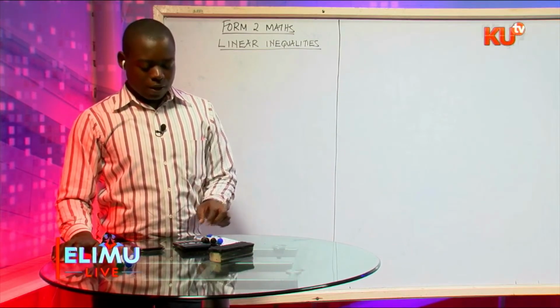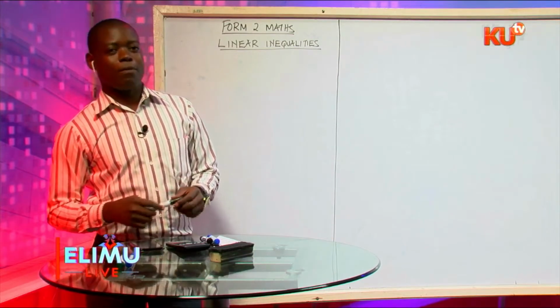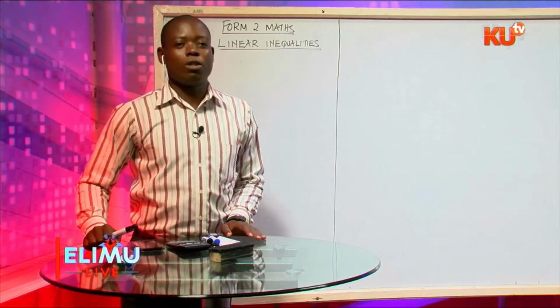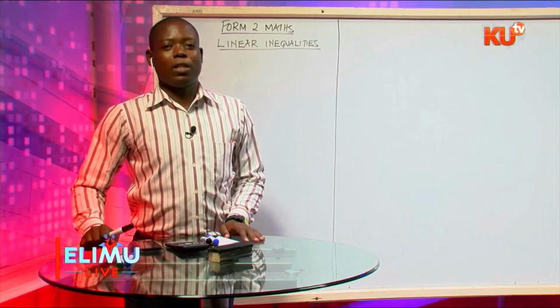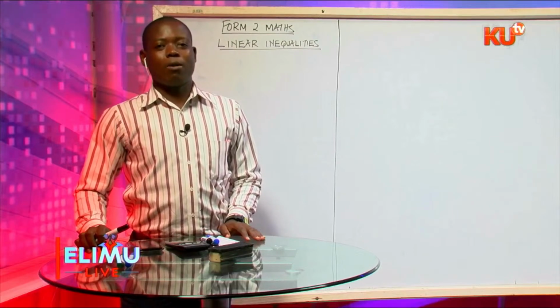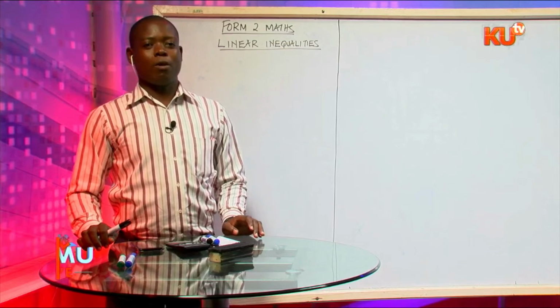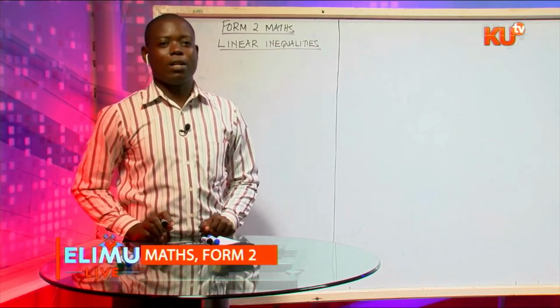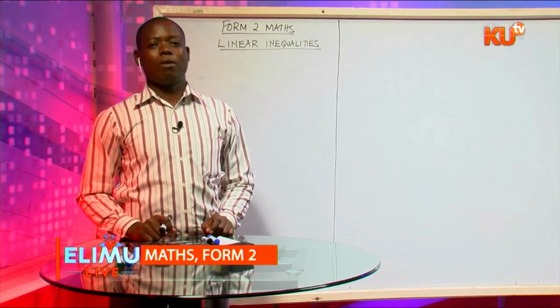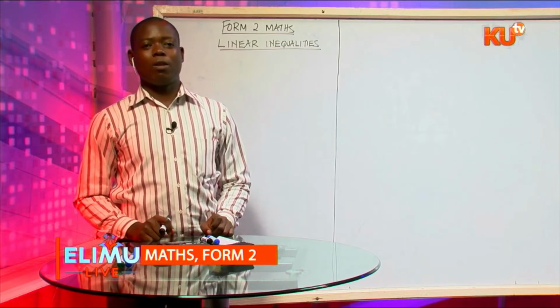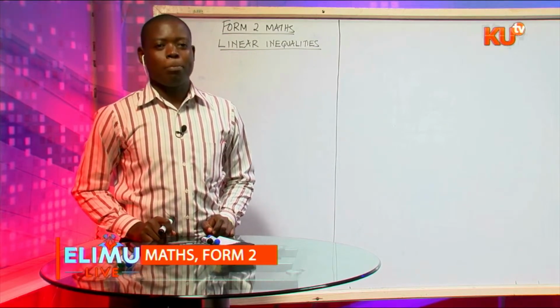In linear inequalities, we need to understand a few things, but before that, we draw the foundation of this from the Form 1 topic called linear equations. By now we are all conversant with linear equations, which are taught in Form 1, that give the foundation of what a linear equation is.